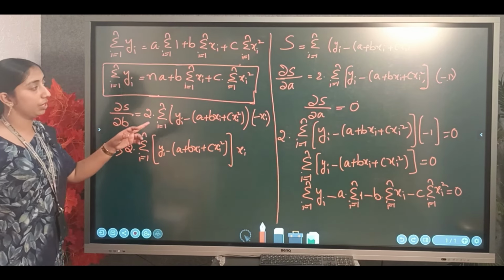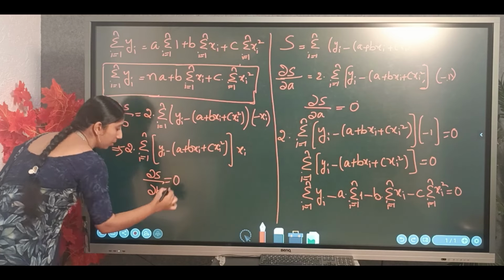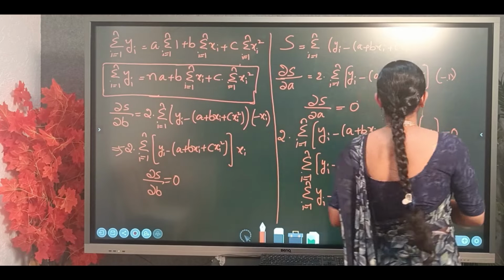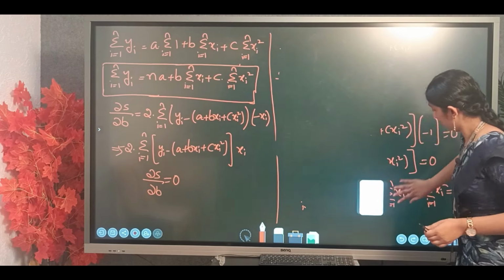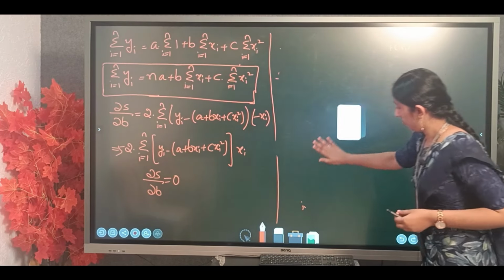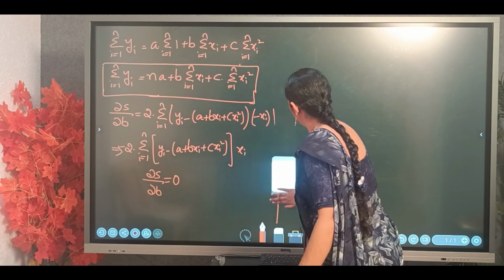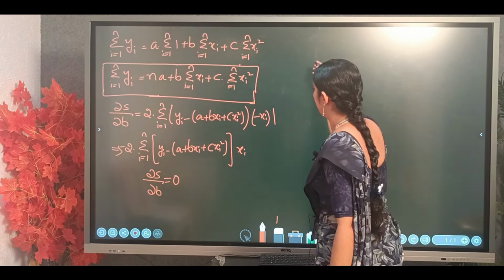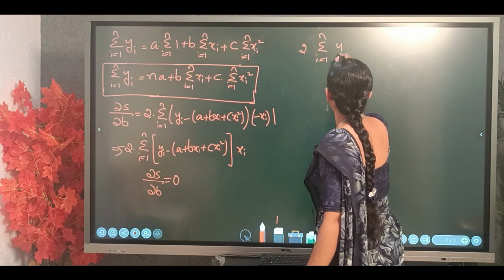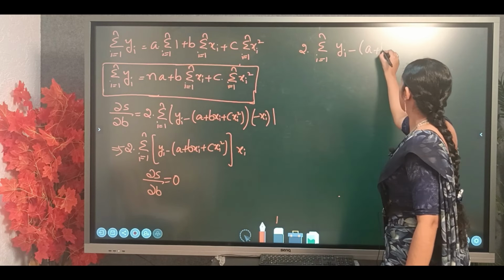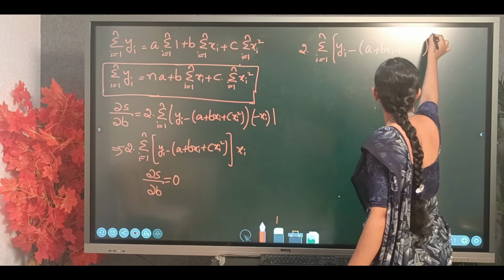Same. Previously what have we done? Dou s by dou a is equal to 0. Here also dou s by dou b is equal to 0. And what we have to get? So see here. Two into summation i equal to 1 to n of yi minus (a plus bxi plus cxi square) into, there is some term.